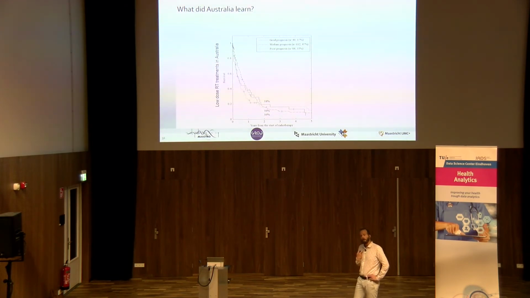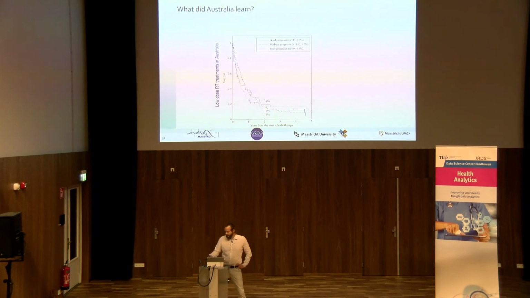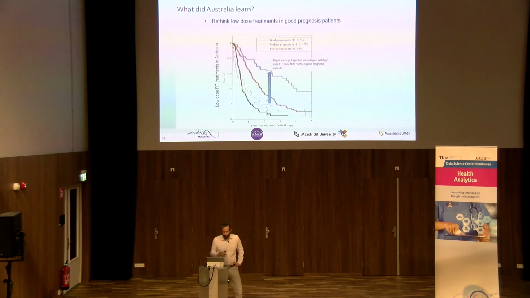But our model from Holland says, well, they actually have a pretty good prognosis if you would have given them a high dose. And we now can estimate what would have been the survival in these patients if they would have received a high dose of radiotherapy. And the answer is that the survival will go from 18% to 60%.